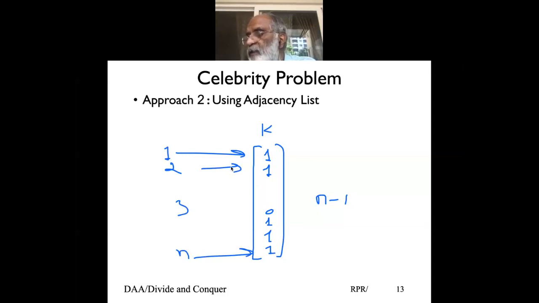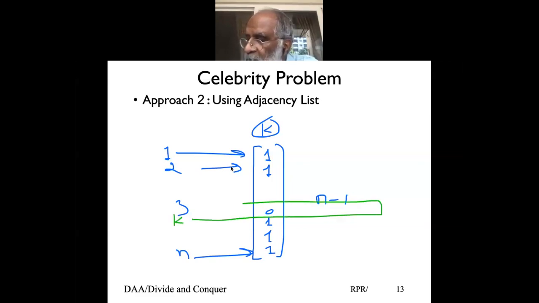So that means K is a celebrity, and further, the row corresponding to K should be 0, because the celebrity should not know anybody.